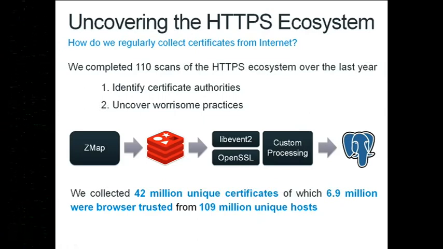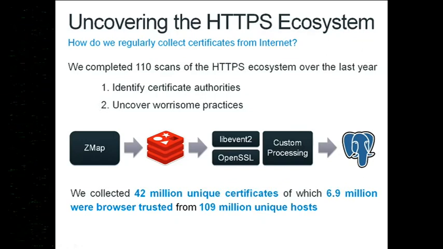In the end, we did about 200 internet-wide scans, each of them more comprehensive than the EFF SSL Observatory, more than 1 trillion probe packets sent over the course of a bit more than a year.